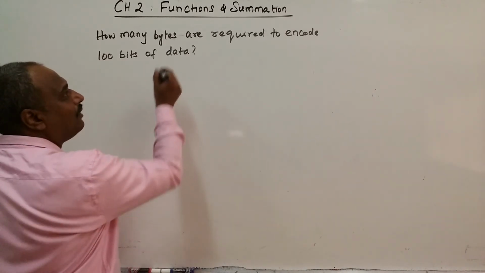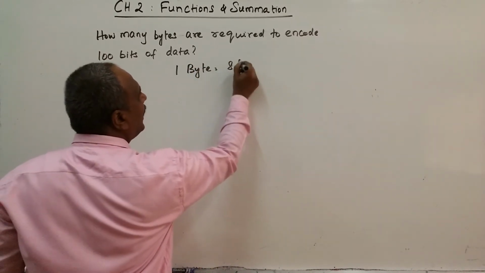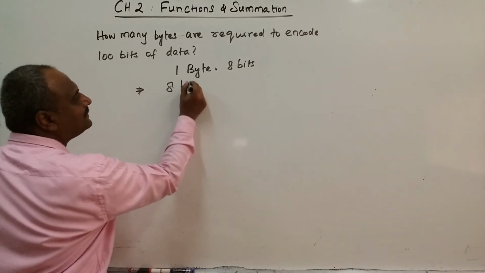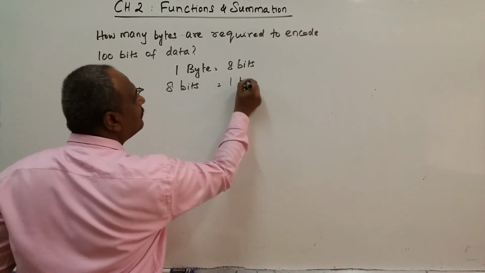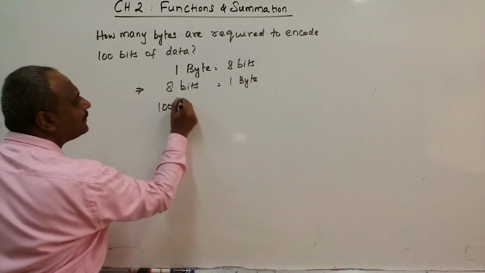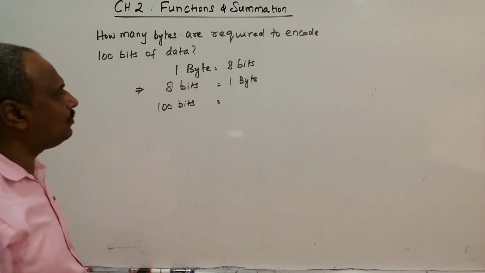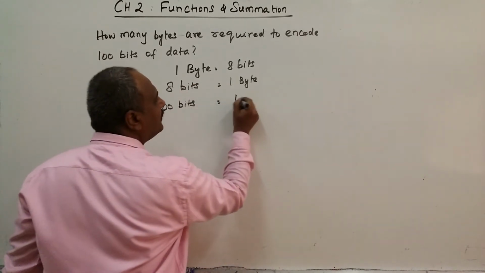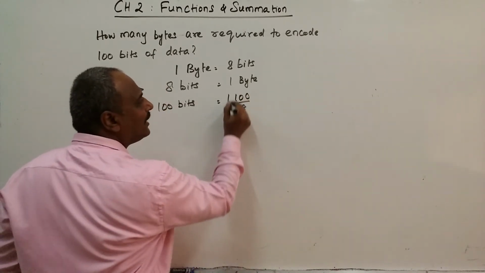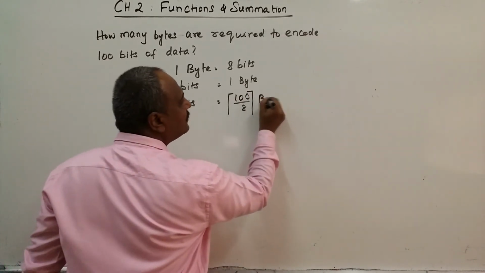Here I know that 1 byte equals 8 bits. I am going to write it the other way: 8 bits equal 1 byte. I have 100 bits, and I am going to convert them into bytes. So 100 bits is equal to 100 divided by 8. As we are encoding it, I am going to find the ceiling value of this in bytes.